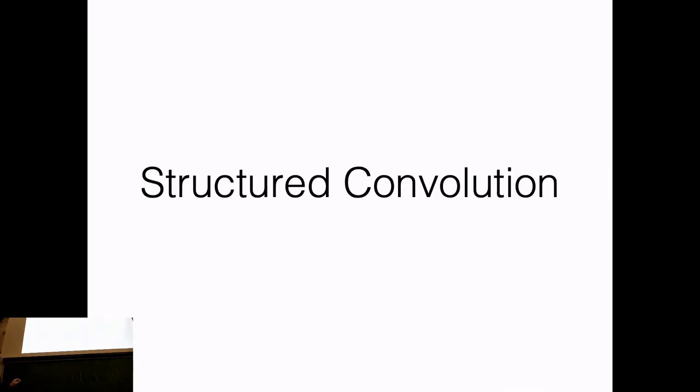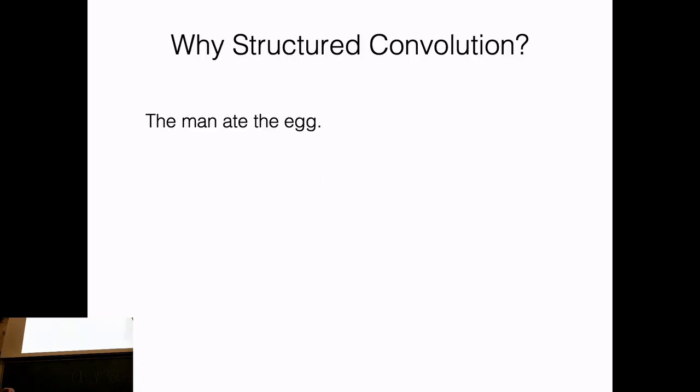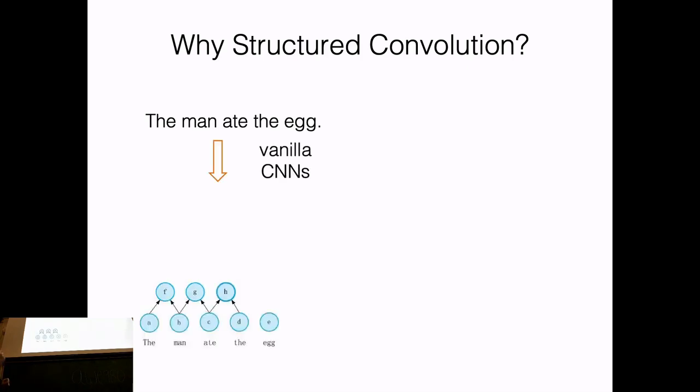I think this is maybe the final extension of the convolutional work. We call it structured convolution. So why should we use structured convolution? Here is the case. Suppose we have a sentence. If we use the vanilla, traditional convolution network, we would consider any case of the combination of these two words.